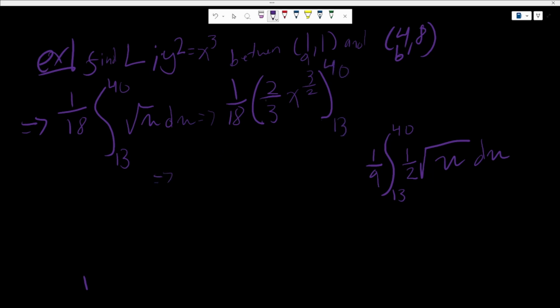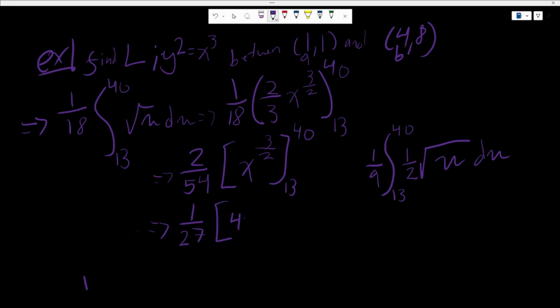And now let's just multiply the constants that we have. So 1/18 times 2/3 will give us 2/54. And then we have our u to the 3/2 going from 13 to 40. The 2/54 will reduce to 1/27. And then we'll have 40 to the 3/2 minus 13 to the 3/2.